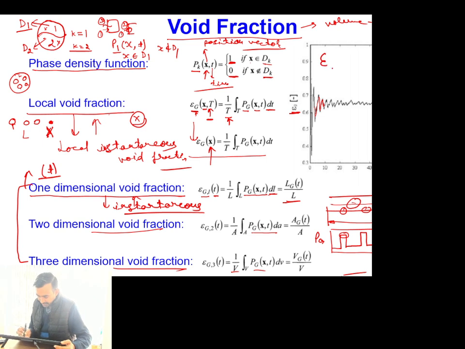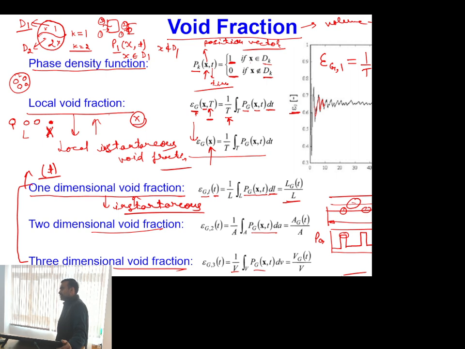I can define epsilon g,1 as 1 by T integral over the T and then 1 by L integral over the L of rho g(x,t) dL, and outside this, dt.